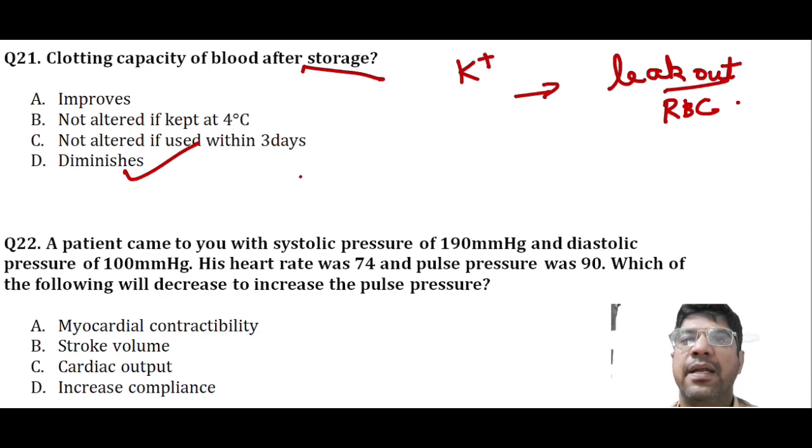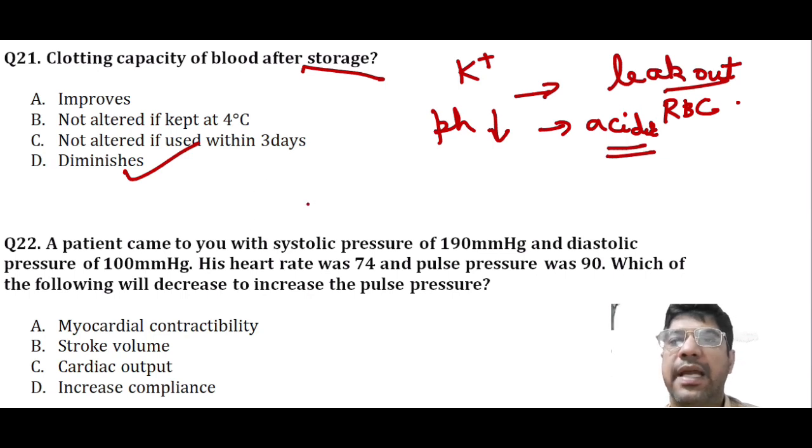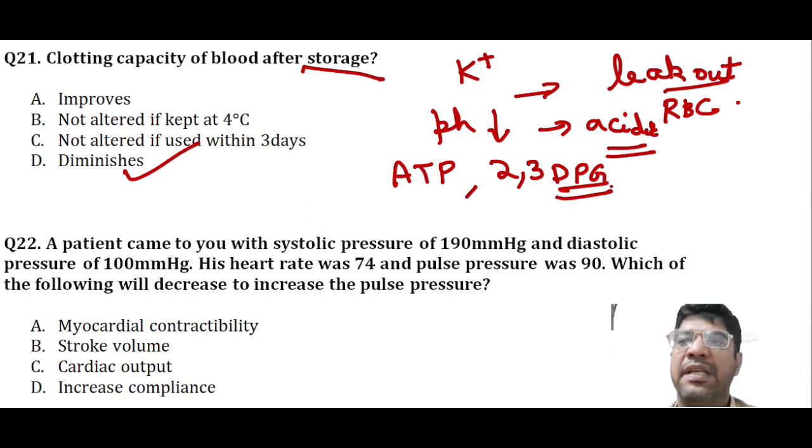The pH of blood decreases, making it more acidic. Important compounds like ATP and 2,3-DPG, diphosphoglycerate, in RBC decrease. That will affect the RBC's ability to release oxygen to the tissues.